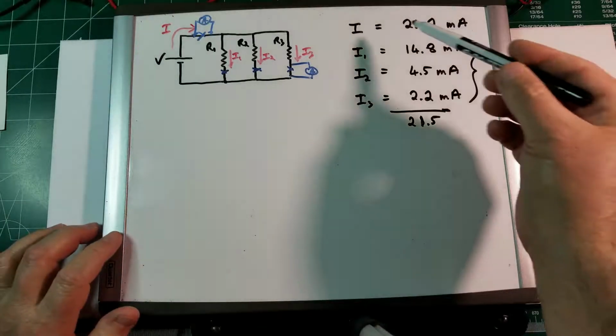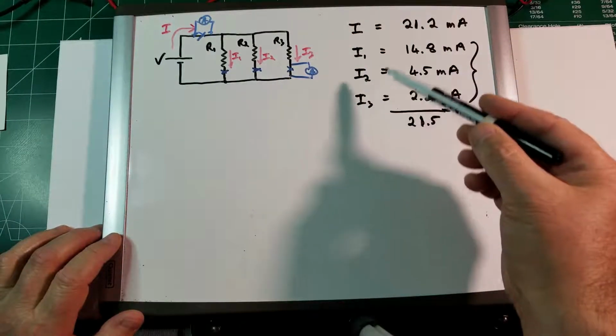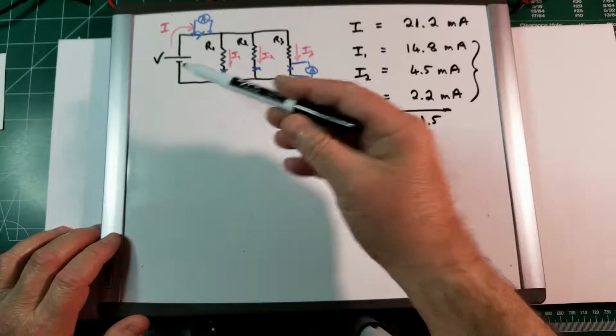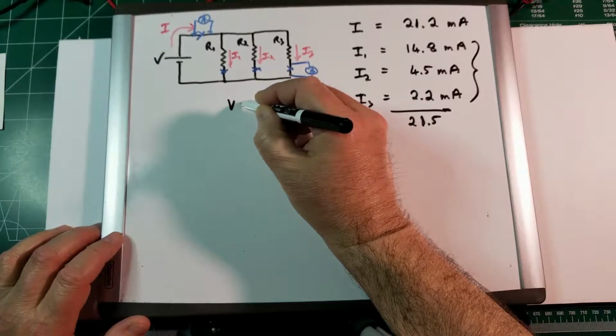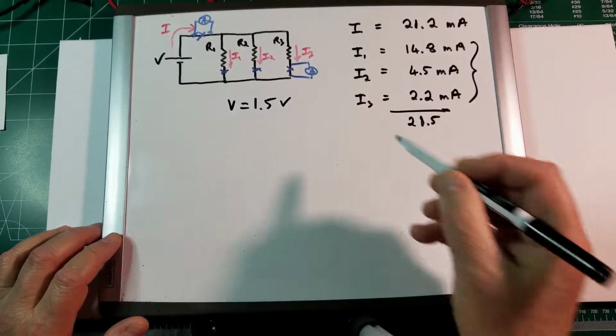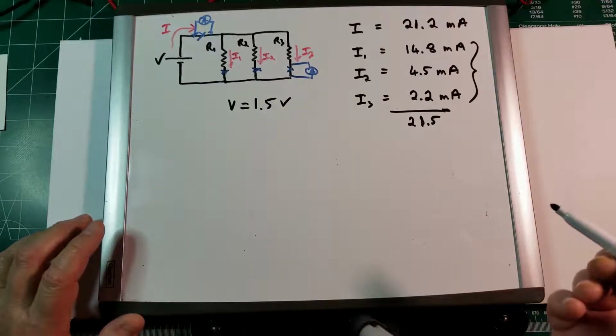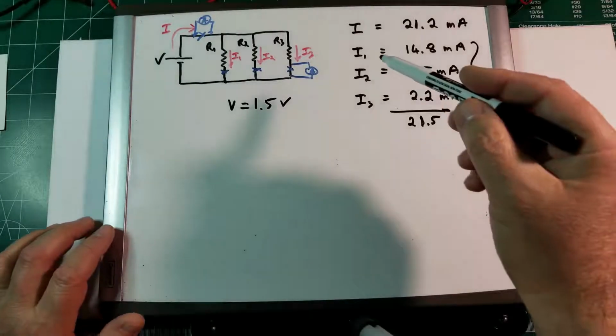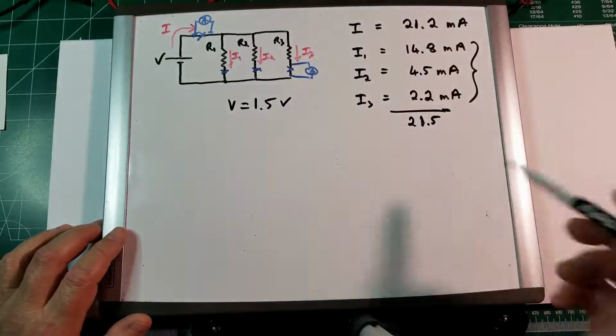So now we have this information, the voltage over here, which we know is 1.5 volts, because that's the value that we set on the power supply. And then we have the currents.